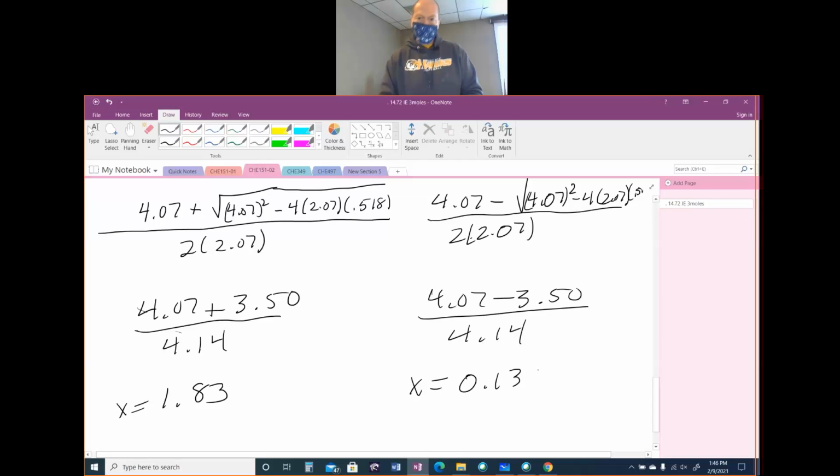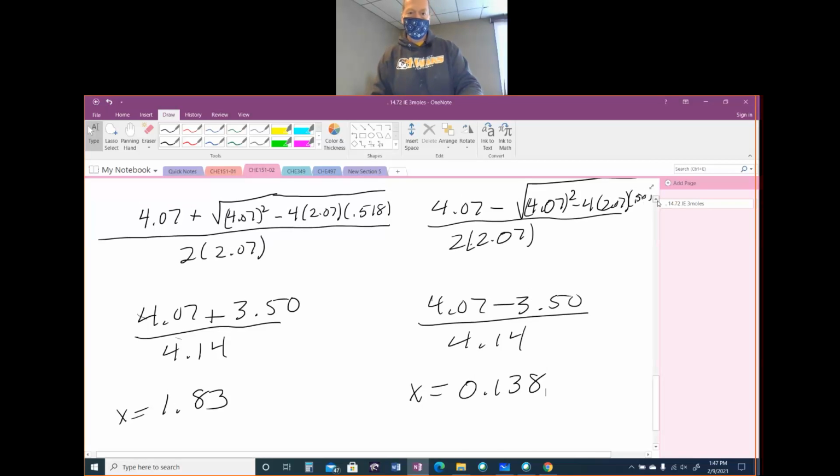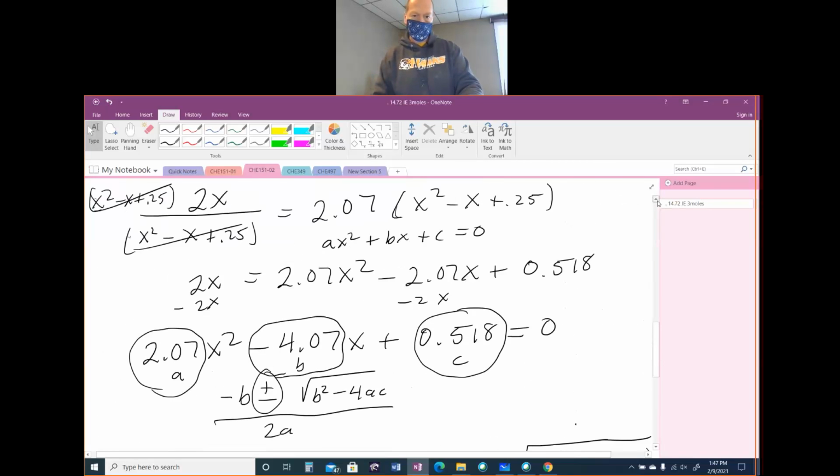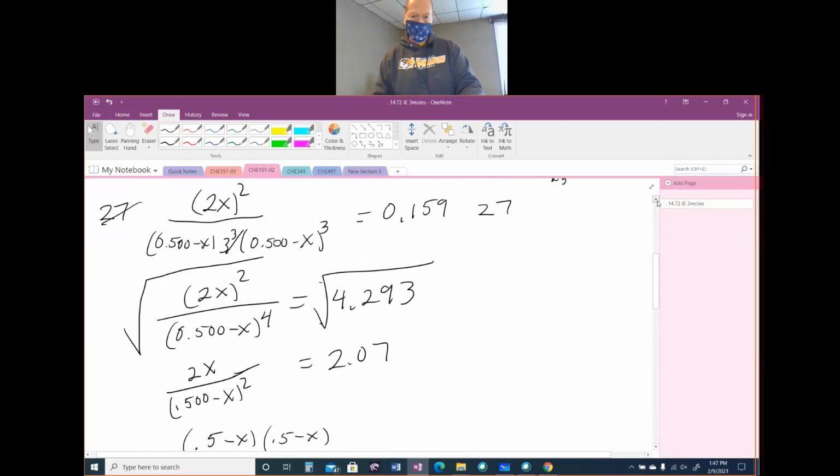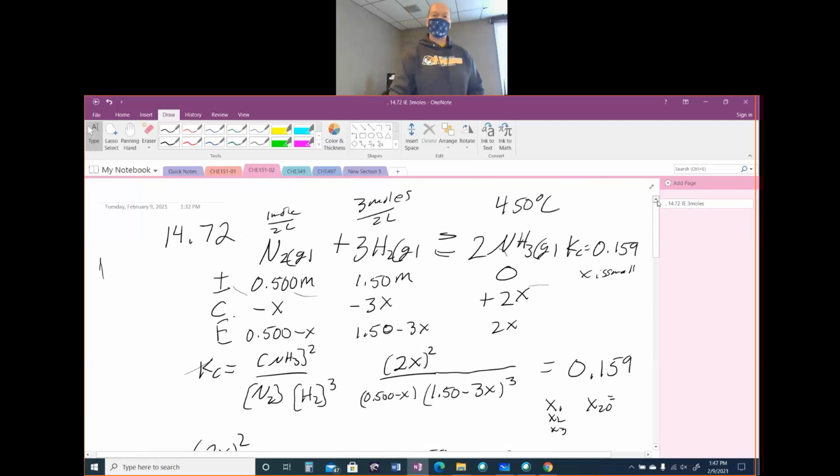All right. So one of these is a valid answer and one of these is an invalid answer. So we go back up and look at our question. The question is, what are the equilibrium concentrations? You can never have a negative concentration.